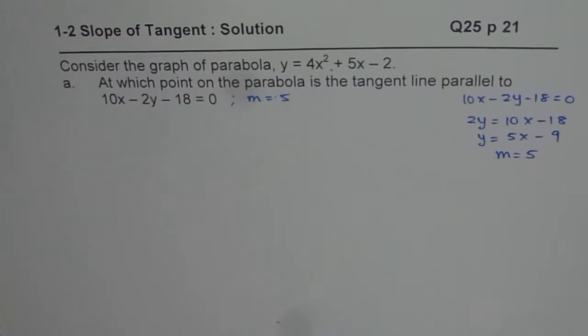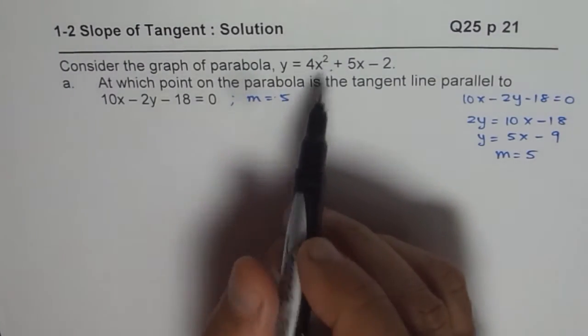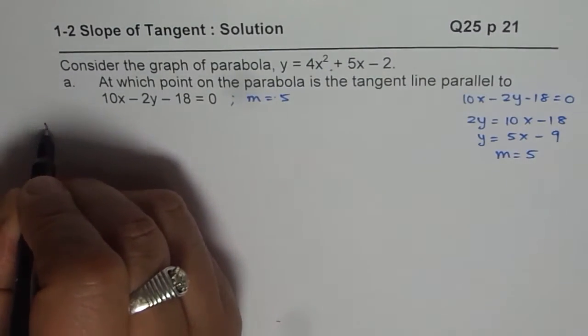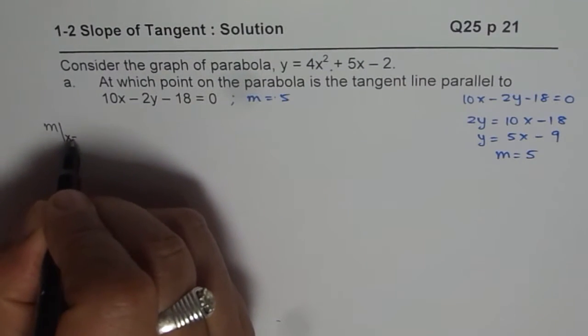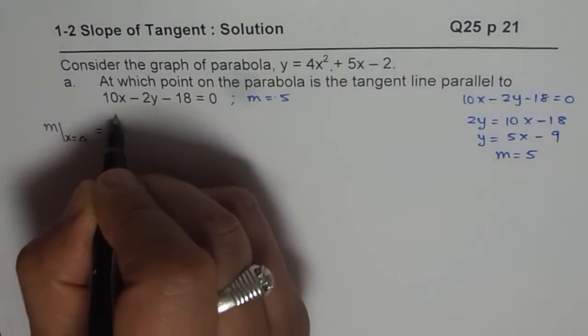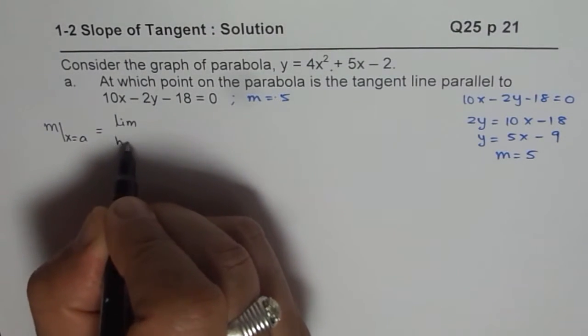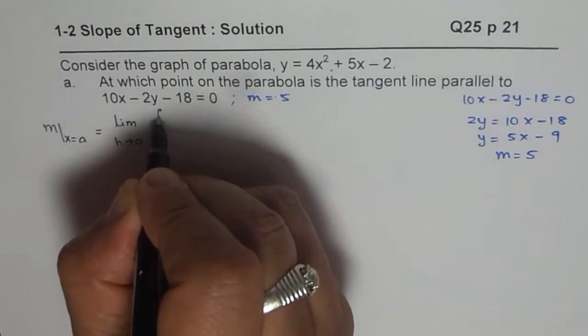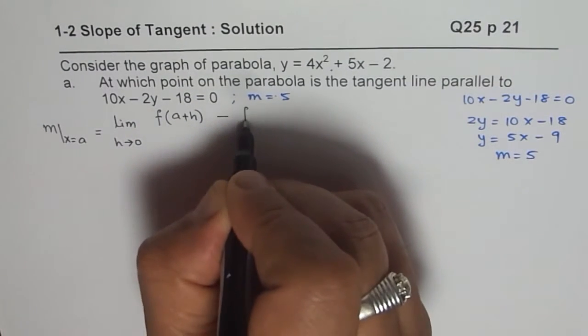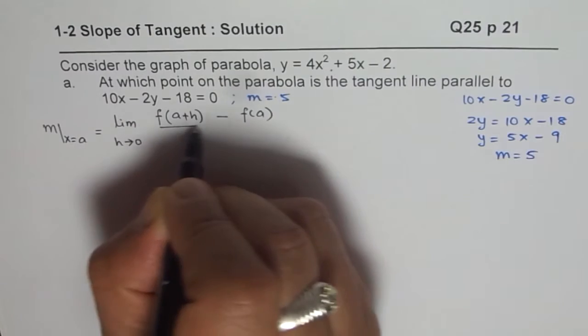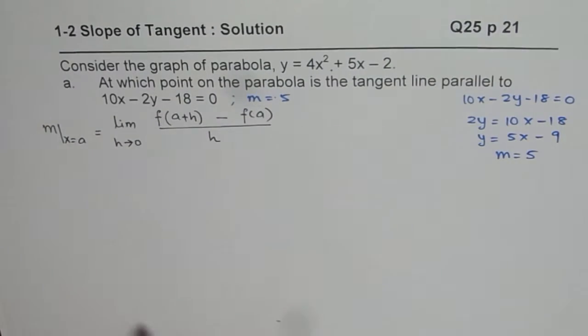So to find that point, we'll work with the general equation. We say in general the slope at any point, x equals a, will be equal to the limit as h approaches 0 of f of a plus h minus f of a, over h. So that becomes the general equation.